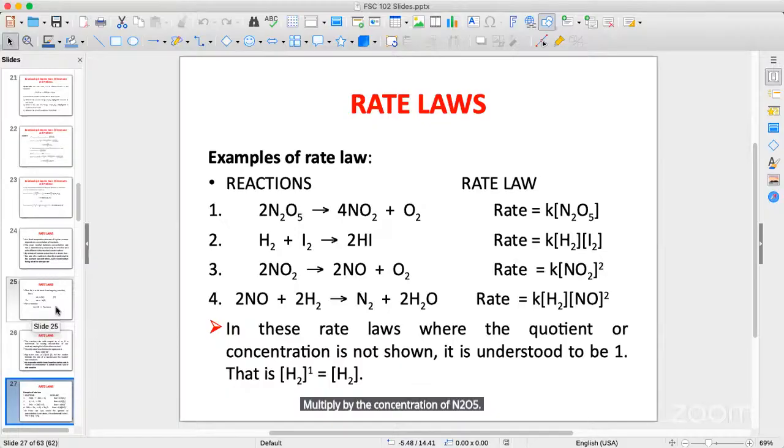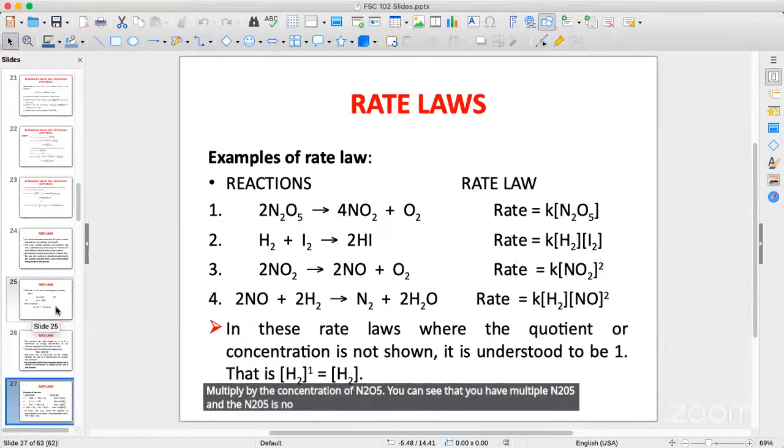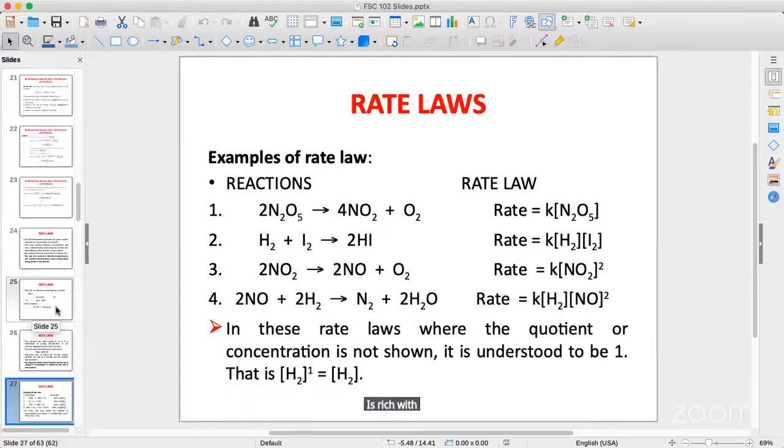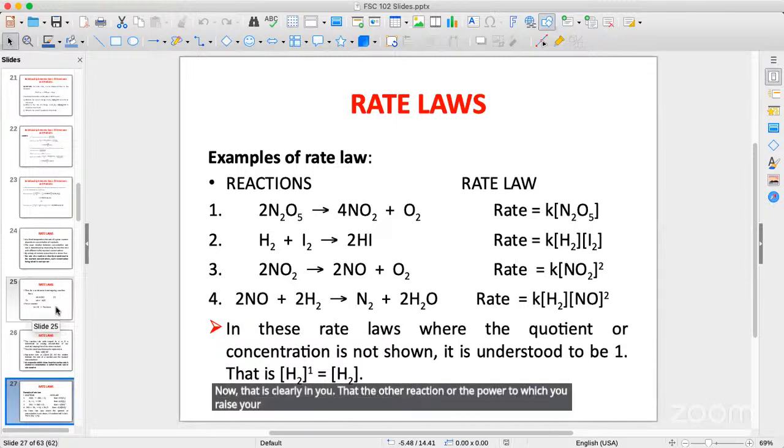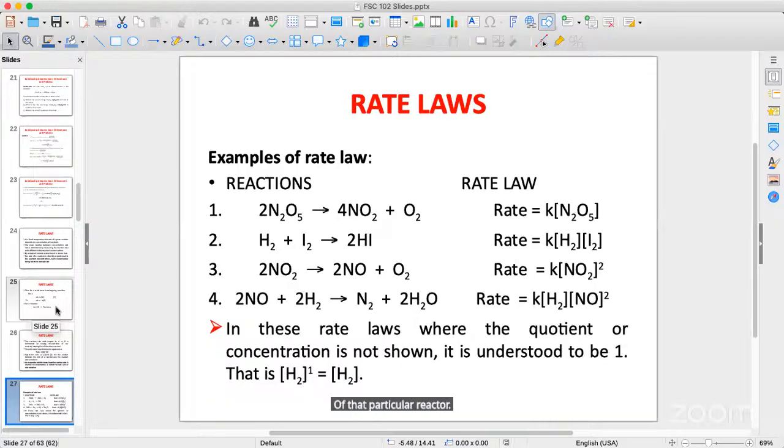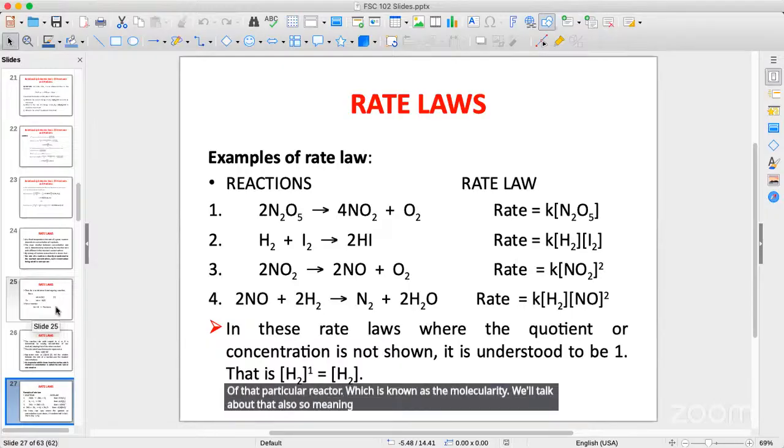You can see that you have two molecules of N2O5, and the N2O5 is not raised to the power of 2 here. It's raised to the power of 1. That is telling you that the order of reaction, or the power to which you raise your concentration in your rate law, is not the same thing as the number of molecules of that particular reactant, which is known as the molecularity. We'll talk about that also. So your order of reaction is not the same thing as the number of molecules.